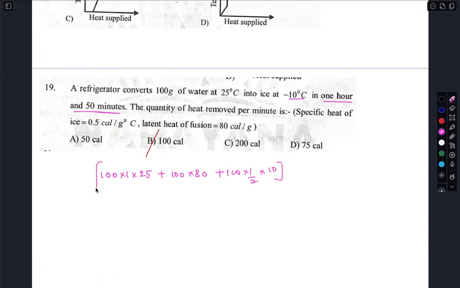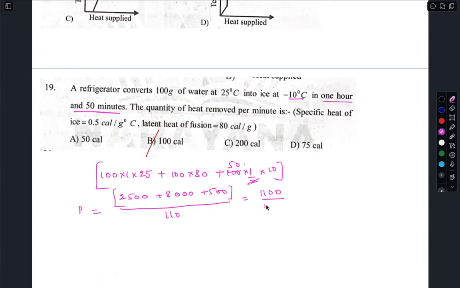This is the total heat drawn. 1 minute, calculator open karna, because we need to check the paper also. 2,500, 8,000 plus 500, totally 11,000. 11,000 is required, and that is done in how much time? 110 minutes. That is actually the power.